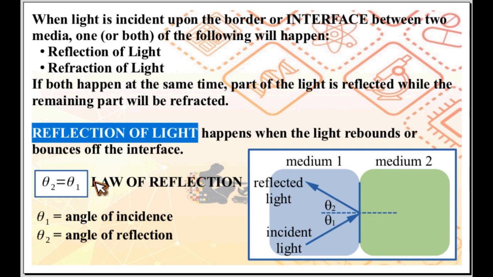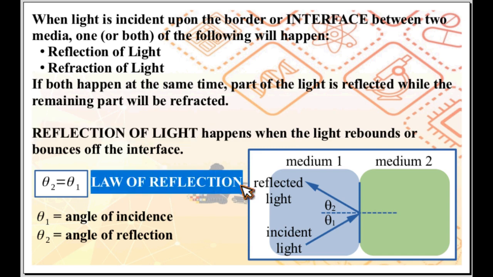The law of reflection tells us that the angle of reflection is equal to the angle of incidence. The two angles, theta 1 and theta 2, are equal. Theta 2 is equal to theta 1. Law of reflection.